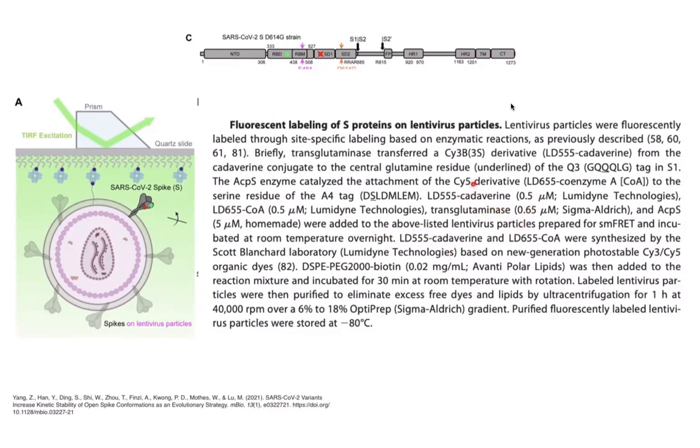Basically, they have ways to introduce specific labels in specific locations, and by being careful about how much they use, they're able to get on average one of the spike protomers, one of the individual units, labeled per spike protein. And this is going to then allow them to study the dynamics.